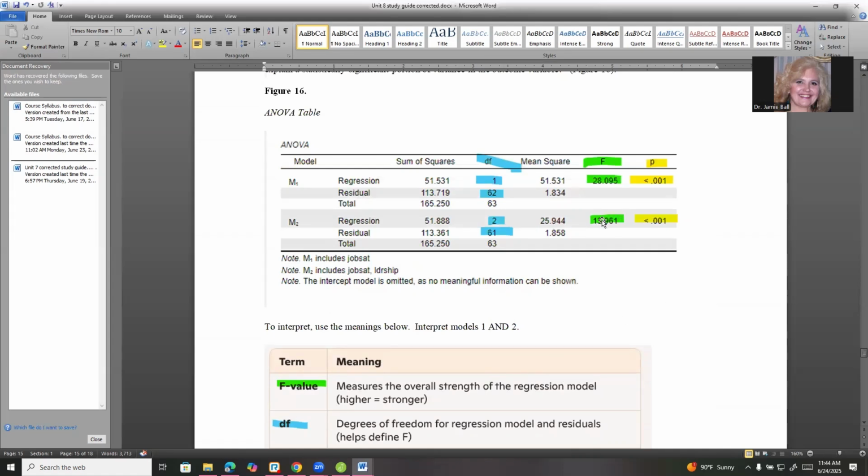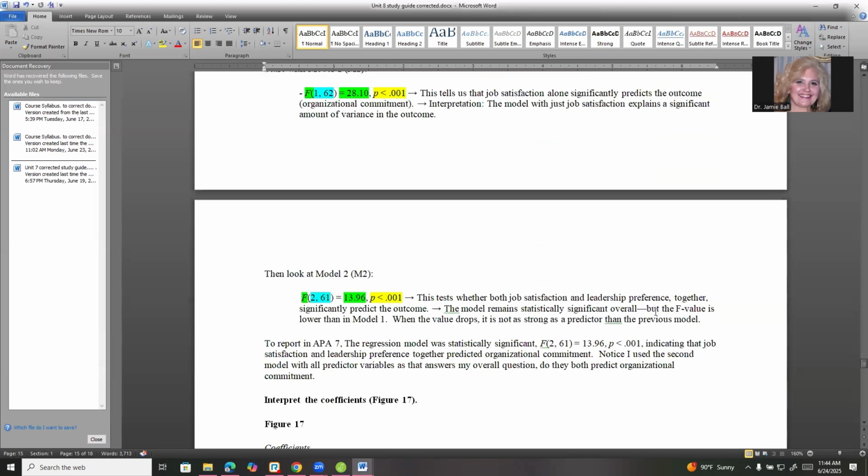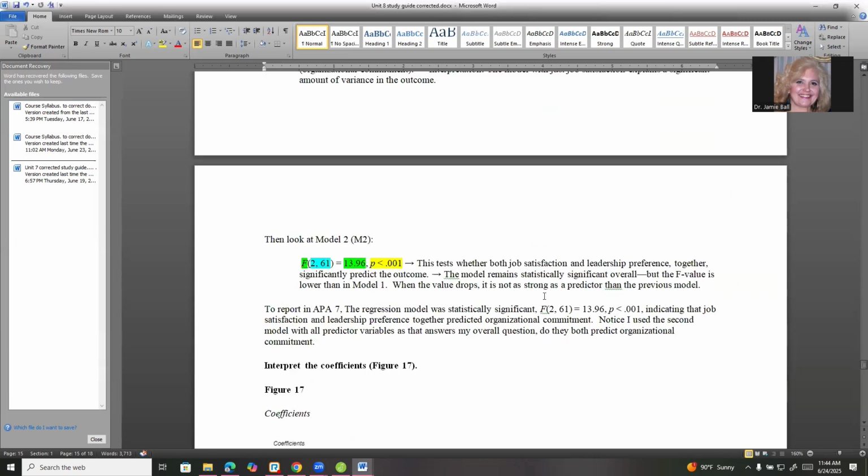If adding leadership helped explain more of organizational commitment, the F value would have gone up. It went down. So while it has something to do with explaining the outcome, it wasn't a strong predictor of organizational commitment.